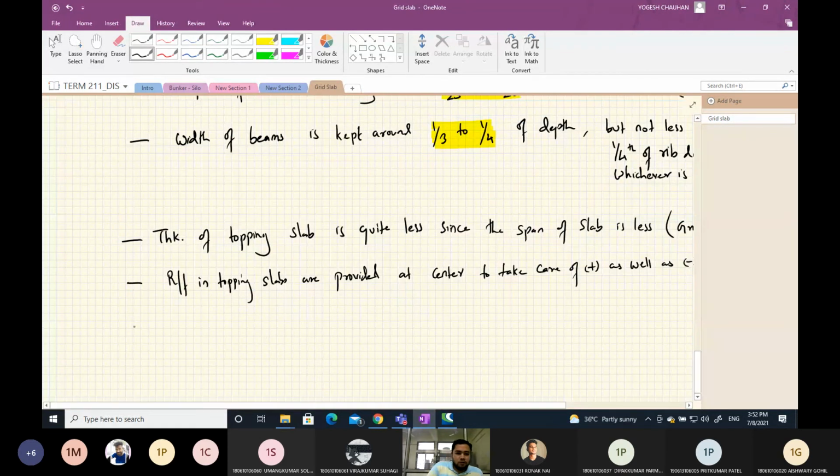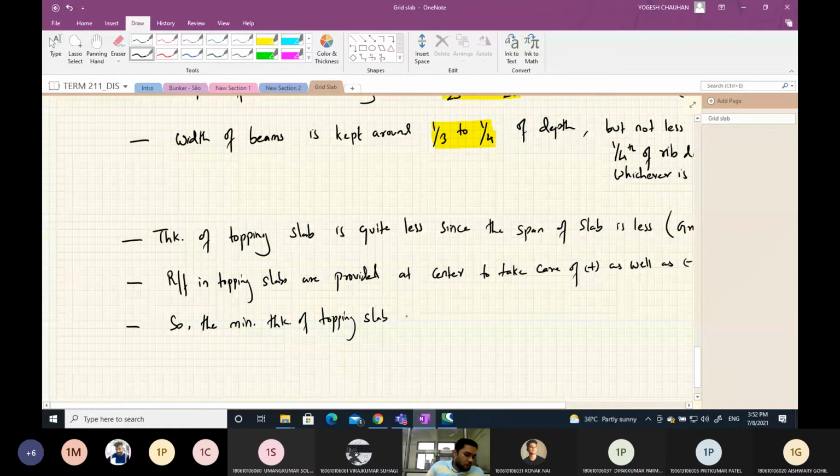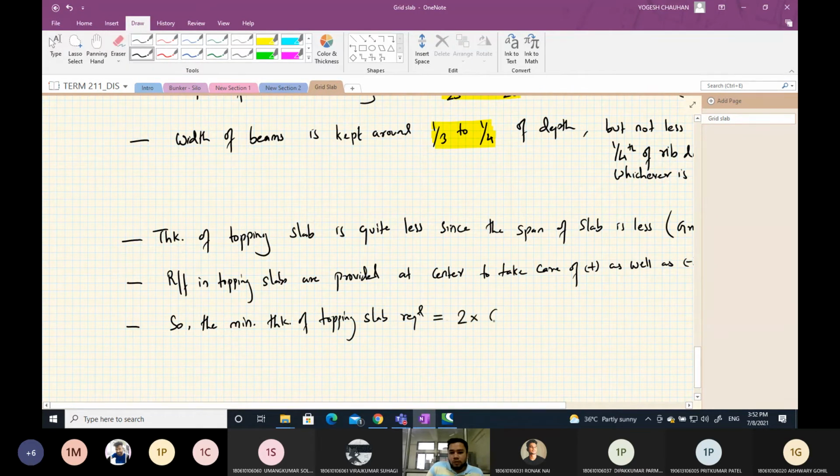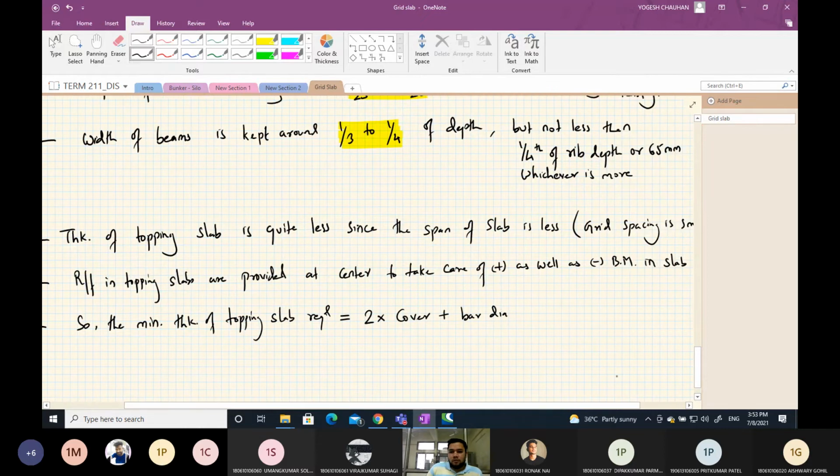So the minimum thickness of the topping slab required should be equal to 2 times cover plus bar diameter, because if this is the slab and this is the reinforcement provided at the center, you require cover on both sides plus the bar diameter.